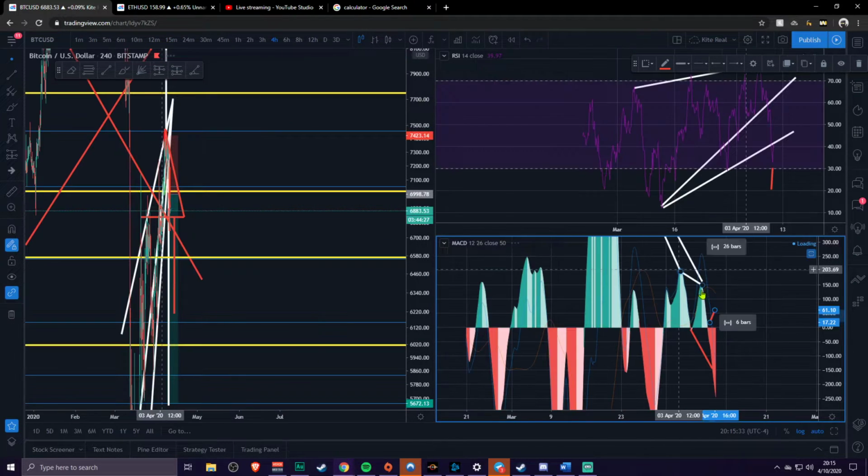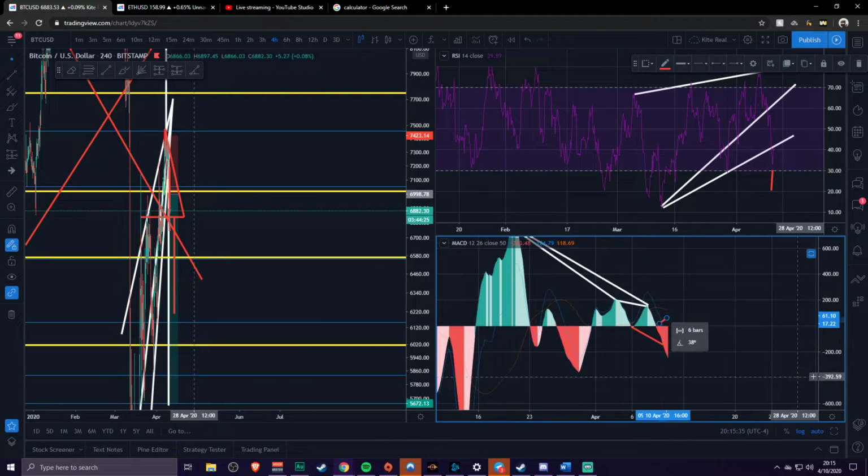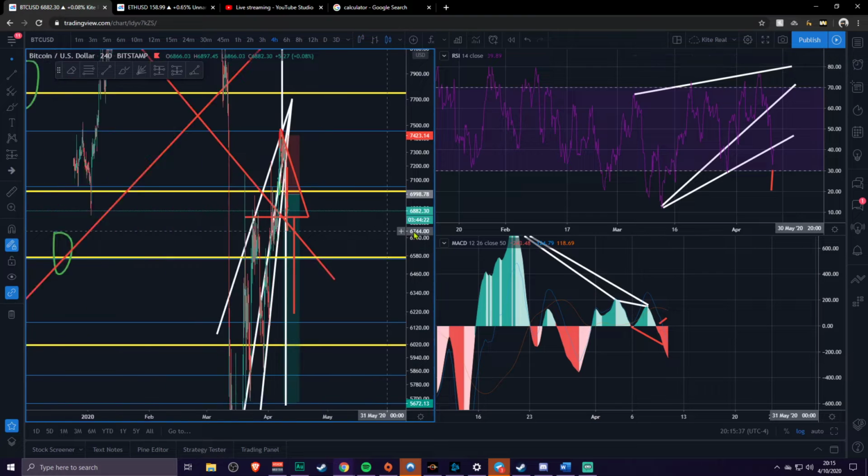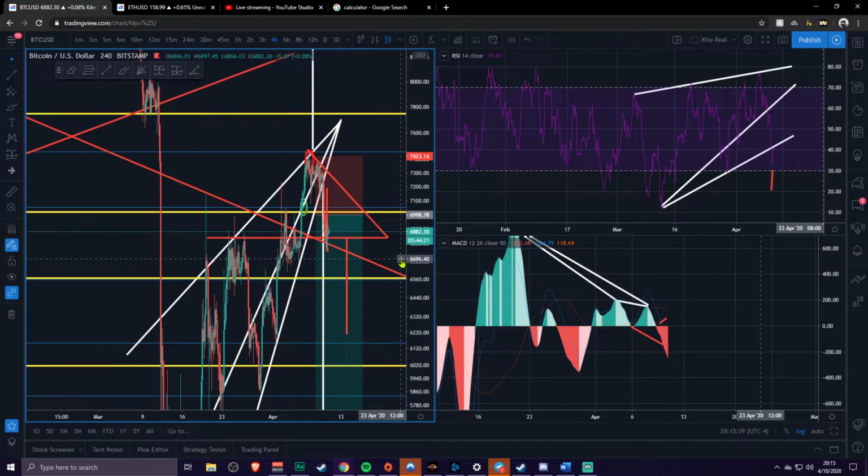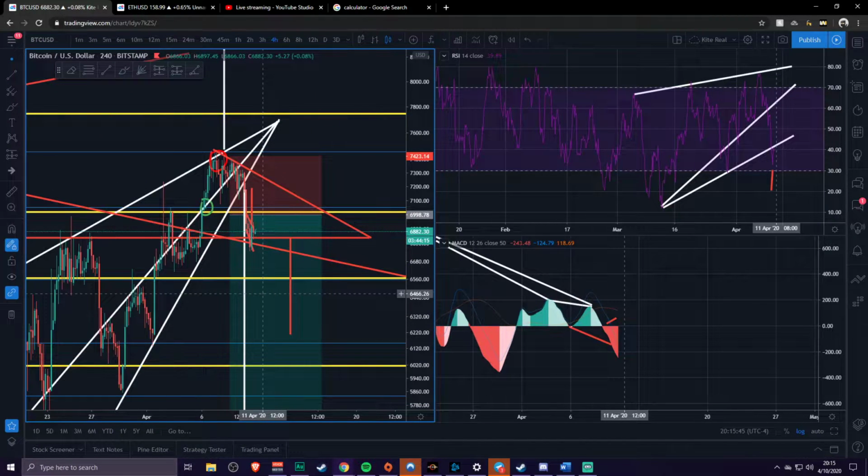Let's go to the 4-hour. That's particularly the one that I like to look at. This is what is telling me that we might have a potential retest a lot higher than what people might be expecting. But granted, it is not technically a fantastically disparaging divergence. And what do I mean by that?